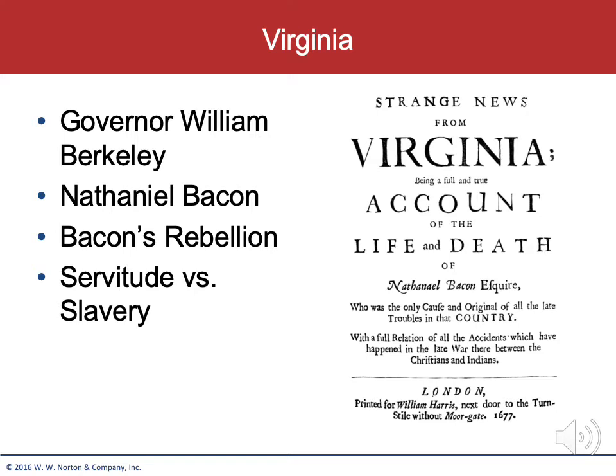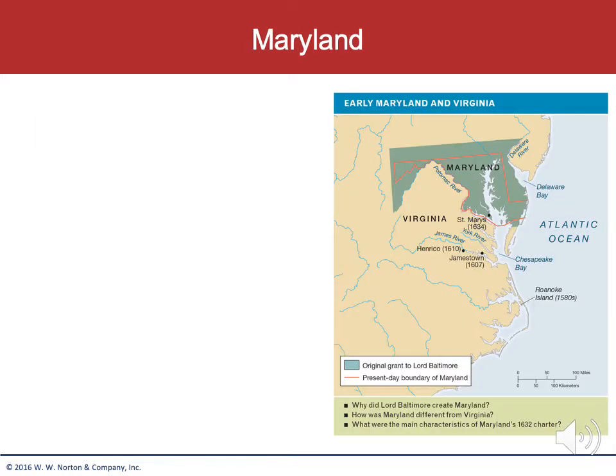Many of them were emancipated after a certain number of years. Many of them were given property of their own. Some were allowed to earn their own income. But those start to really go away, and the number of indentured servants is going to dwindle to virtual zero. And obviously the number of slaves increases significantly.